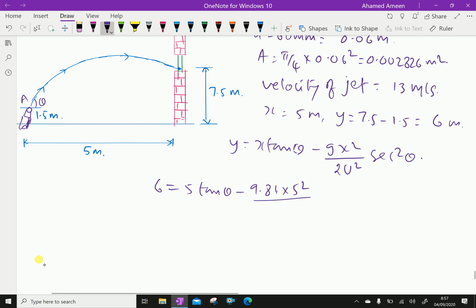over 2u square, that is 2 into 13 square, into secant square theta, which is 1 plus tan square theta.